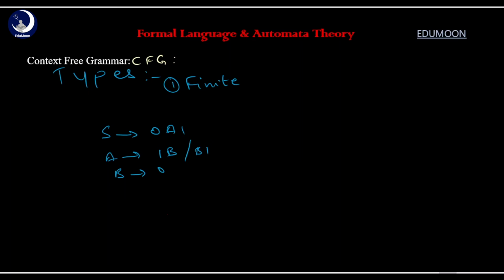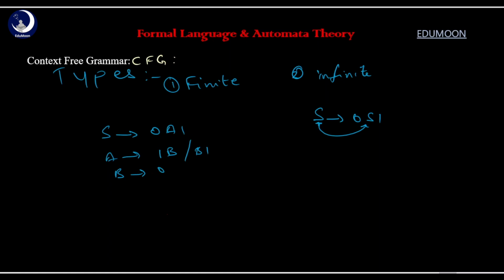So the second category is infinite, or the recursive grammars, where the same variable is generating the same variable again. It's like a function calling itself in C programming, which is recursion.